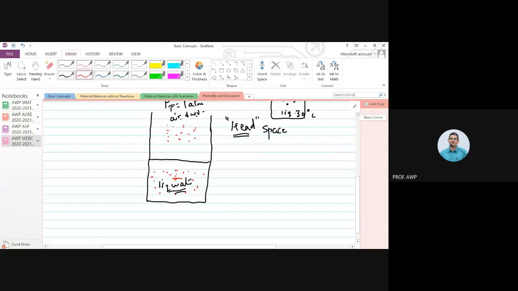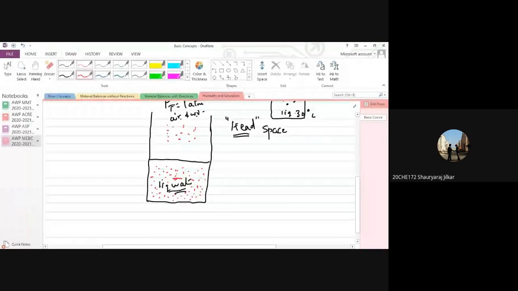So these molecules, now if you have learnt in your physics, Boltzmann distribution of kinetic energy of molecules. Have you heard about that? Anyway, even if you have not heard, doesn't matter.